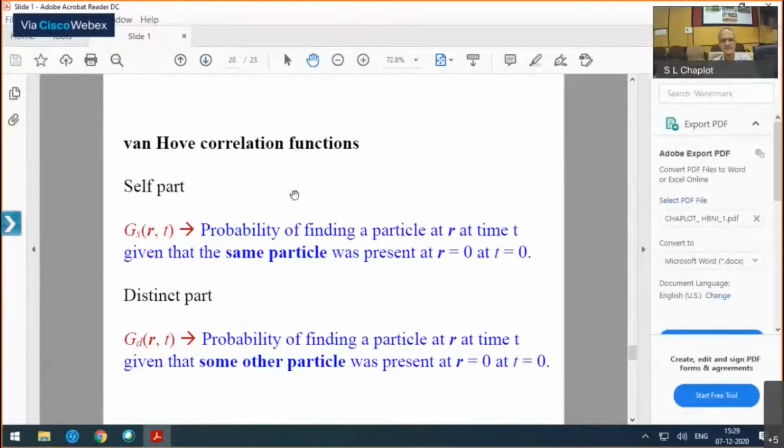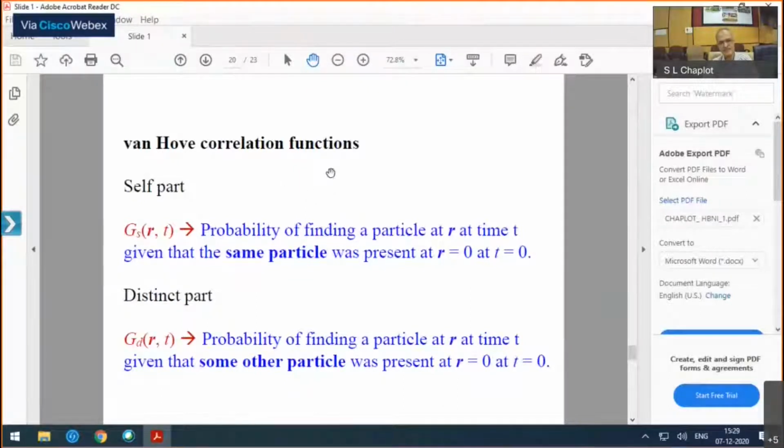So as we discussed the other day, the scattering is proportional to the dynamical structure factor, which is S of Q and omega. Q is a vector in the reciprocal space, and omega is also in the reciprocal of time.